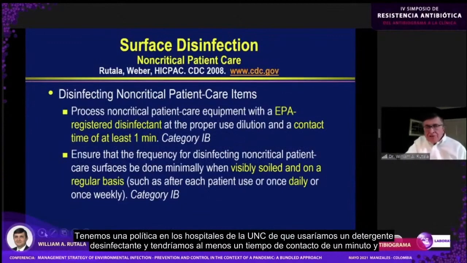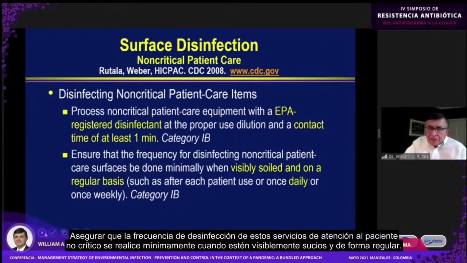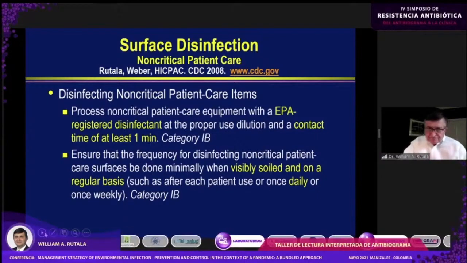We have a policy at UNC hospitals that we would use a disinfectant detergent, with at least a contact time of 1 minute, and the frequency of disinfecting these non-critical patient care surfaces would be done minimally when visibly soiled and on a regular basis.